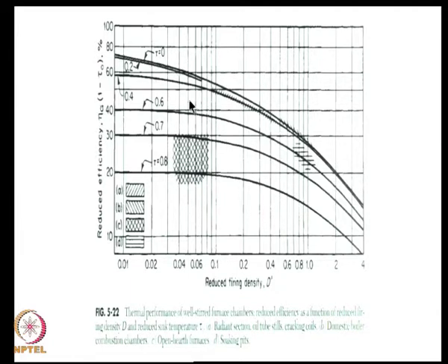The highest achievable efficiency at any firing rate is when the sink temperature is very, very low. So, you can see that at low firing rates, the highest achievable efficiency is of the order of 60 to 80%, and as you go to higher firing rates, your efficiency does go down, and at a firing rate here of the order of 2, you can see efficiency as low as 20%.